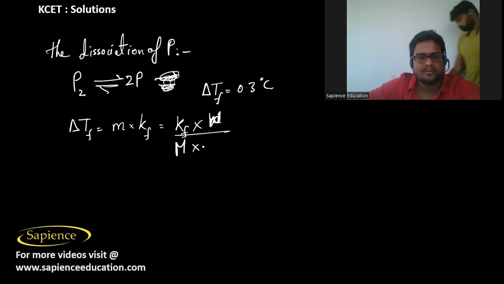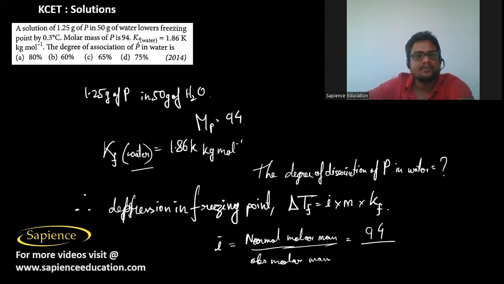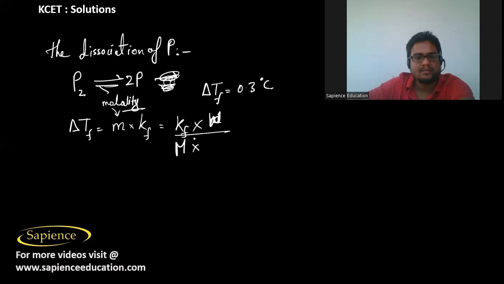So here we have to take the molality of the solution. So it is the number of moles of the solute by the mass of the solvent in kg. So the weight of water that is used, that we have to use here, which is 50 gram, and we have to keep it in kg, so it will be 50 by 1000 kg.